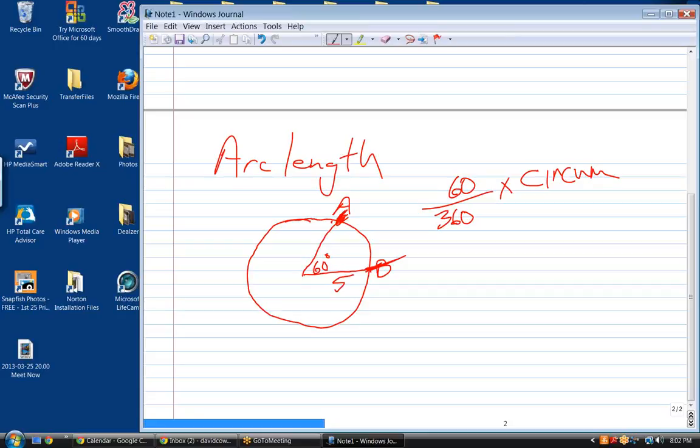So the circumference is 10 pi, and that particular arc length would be 5 pi over 3 from here to here. All right.